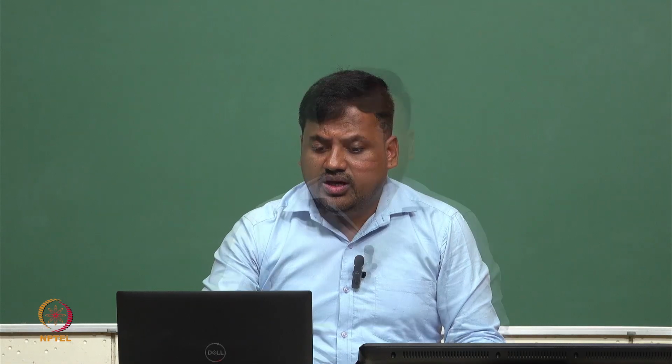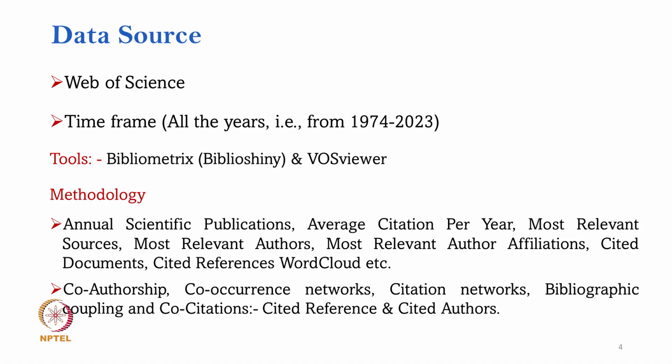With this, we have considered analyzing the research impact of the journal using data from Web of Science. We have chosen the period 1974 to 2023, meaning we consider all the journal's articles published during this period.